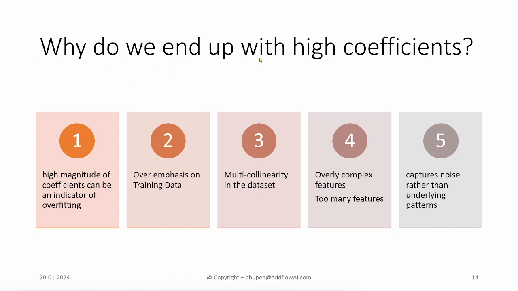But the question is, why do we end up with high coefficients in the first place? When we train our model on a data set, why do we end up with high coefficients? Some of the reasons are, of course, the high magnitude of the coefficients can be an indicator of overfitting. This could be because of overemphasis on the training data, like memorizing every noise and every column and every point in the training set.